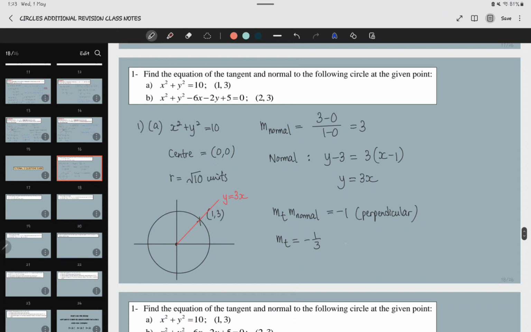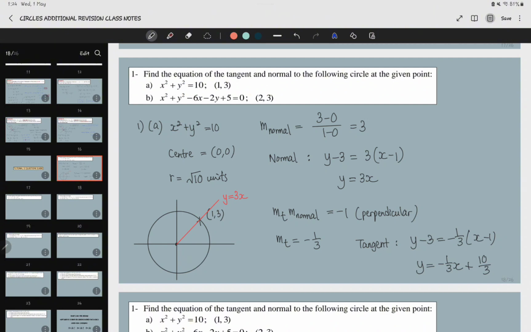Okay, therefore your tangent now, I just choose, tangent would be y minus 3 equal m times x minus 1. Simplify, you get y equals -1 over 3 x plus 10 over 3. Bam, done.